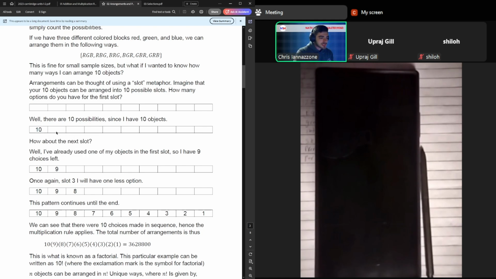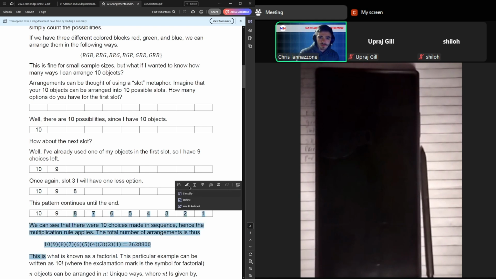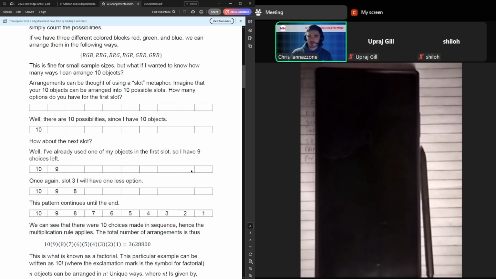From there, you now consider how many choices I have for the next spot. Well, since I've already used one of my objects up, I've only got 9 left over. And so I'm going to put 9 in the next box. Fundamentally, you can see how this pattern would continue. Every time I place one, I lose one of the blocks, and therefore I decrement the number of possible choices I have for that next position.